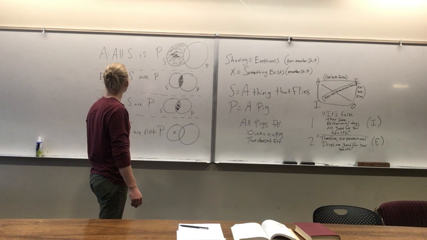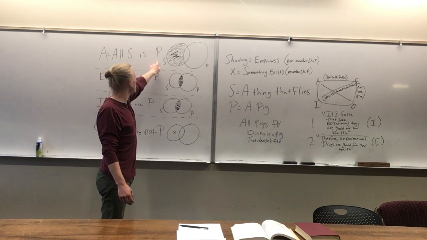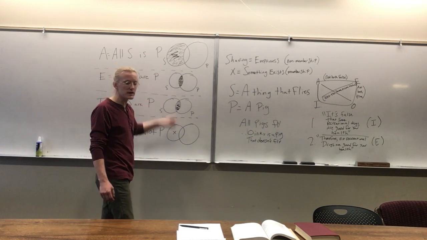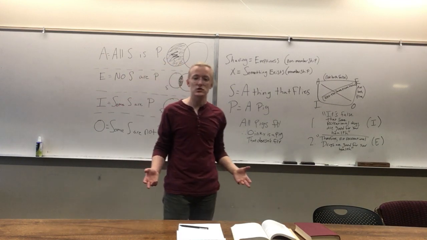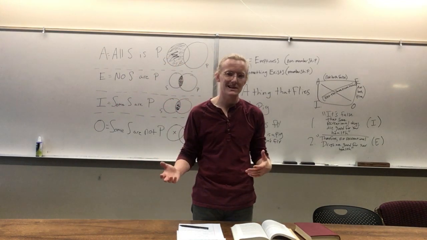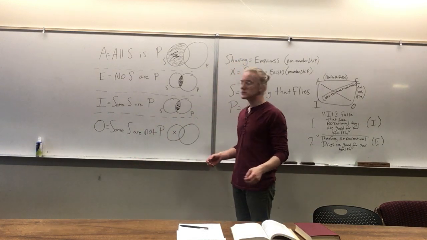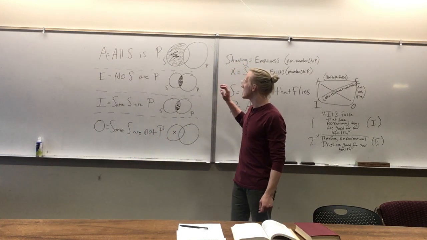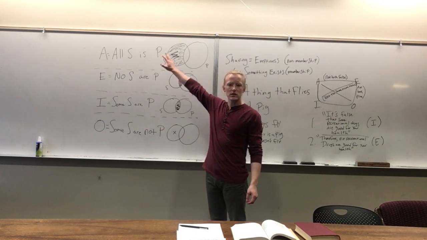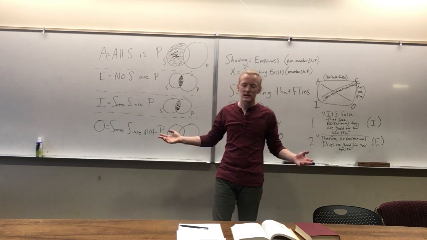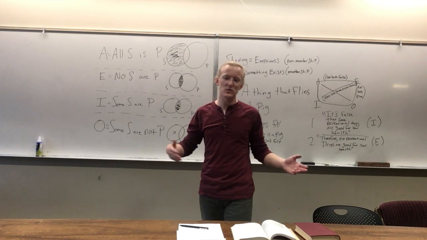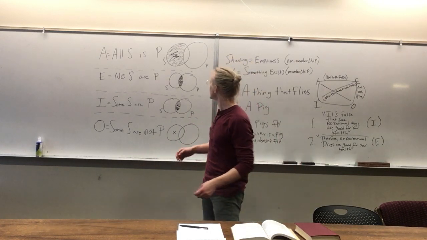Now, when I say that all S is a P or no S is a P, again, I'm not making an existential claim. I'm not saying that something exists that has a certain property, right? Rather, what I'm doing is saying that there is a certain class of objects that can't or must also hold a relation to something else.